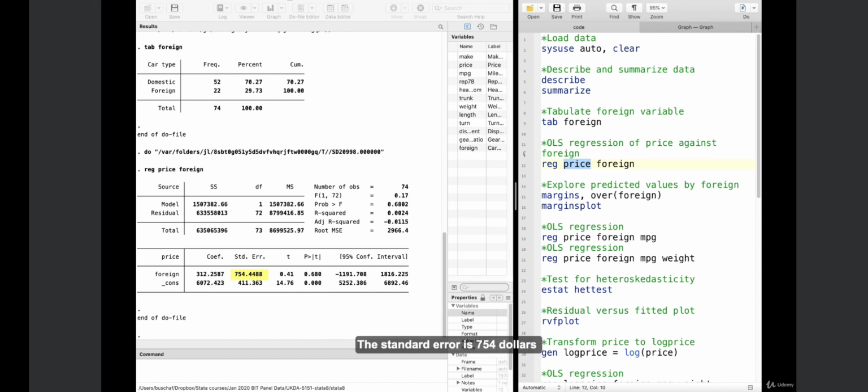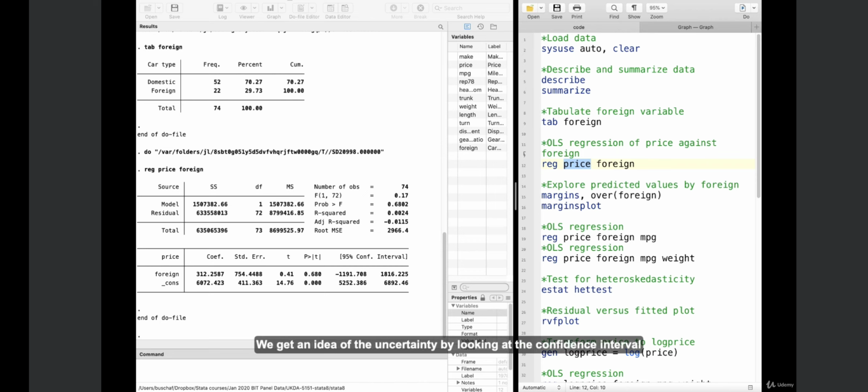The standard error is $754. That means the associated t-statistic is below 1.96 and the p-value is above 0.05. This means this variable is not statistically significant at the 95% level.